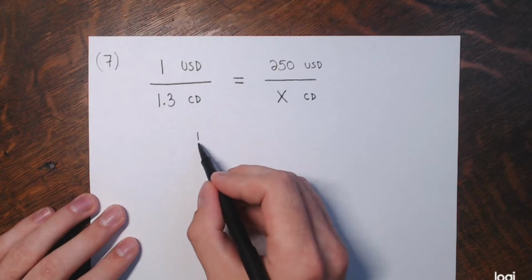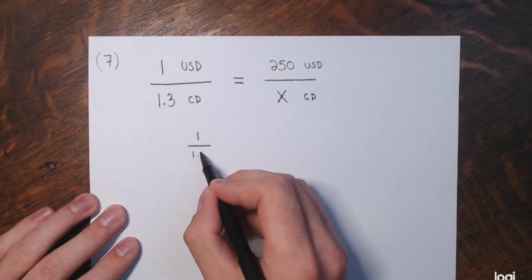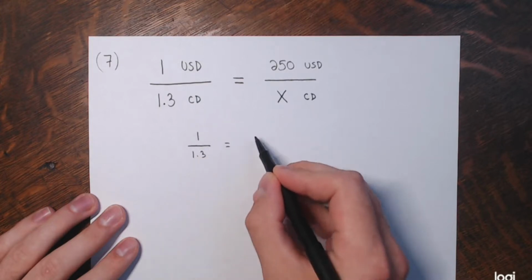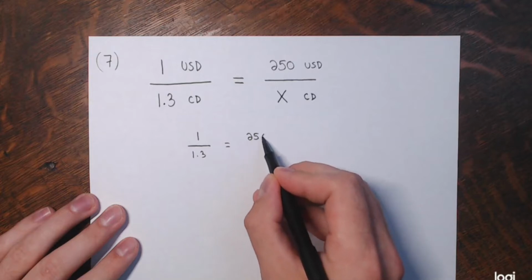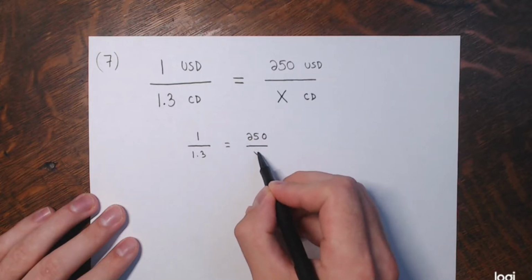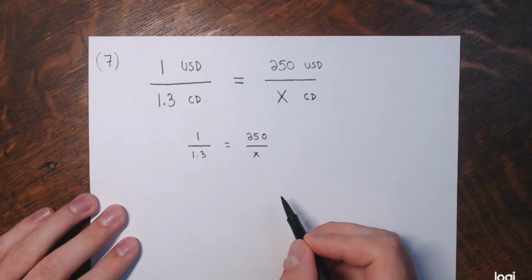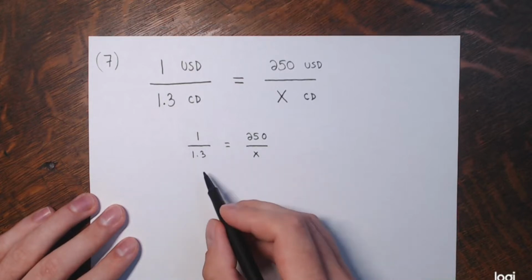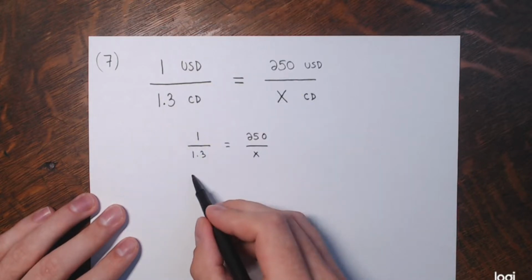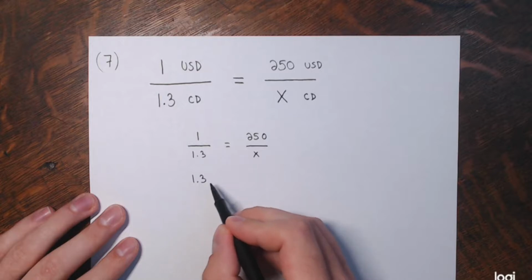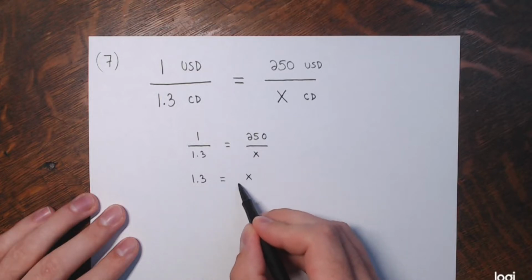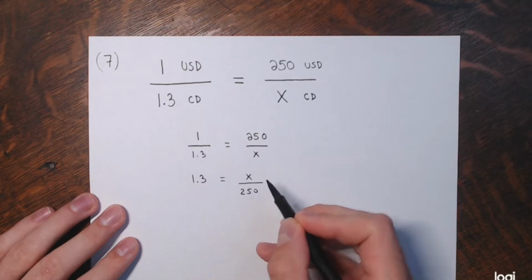So I've got 1 over 1.3 equals 250 over X, which I think it'd be easier to flip this. We could flip it and say 1.3 equals X over 250. So all I did was reciprocals.